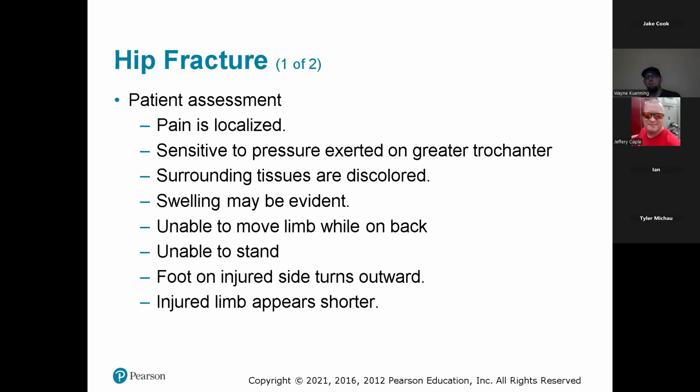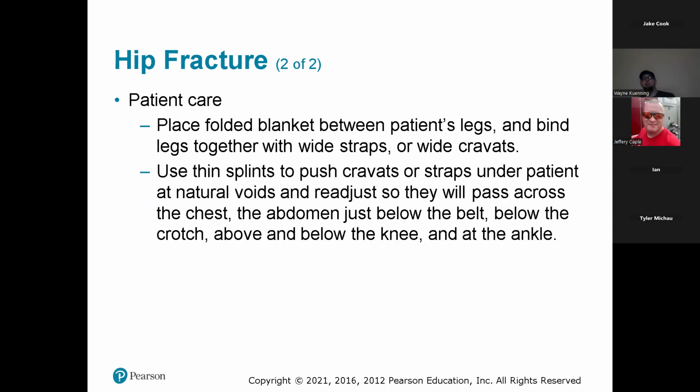They're unable to move their hip while lying on their back. They can't stand up, and the foot on the injured leg turns outward. Sometimes, not always, that limb will appear shorter than the uninjured leg.